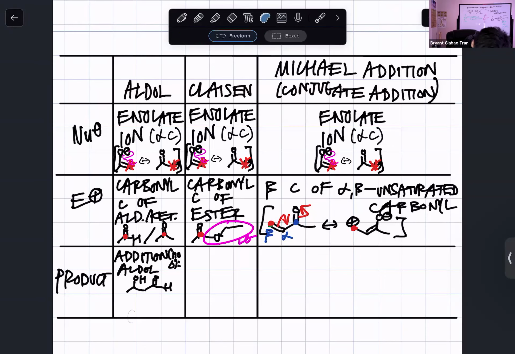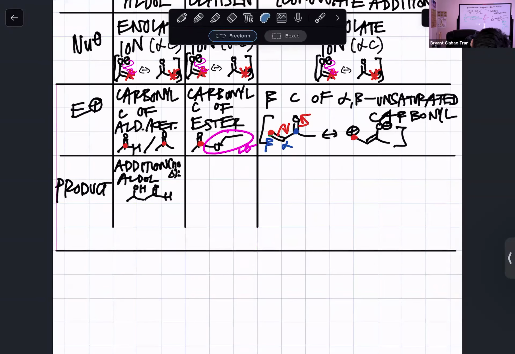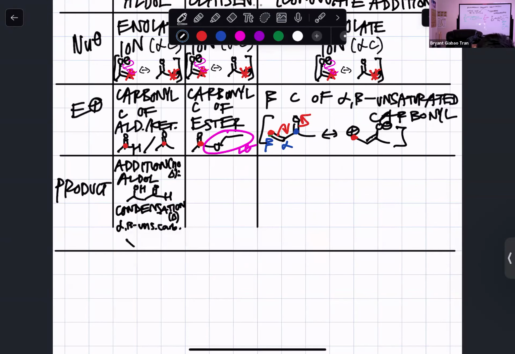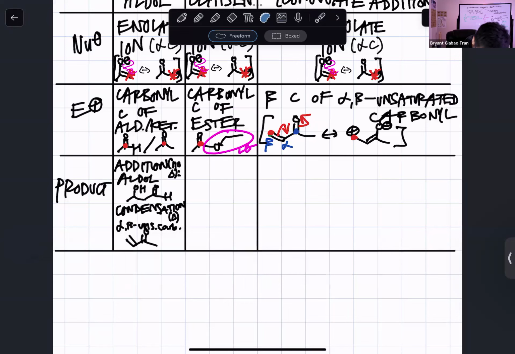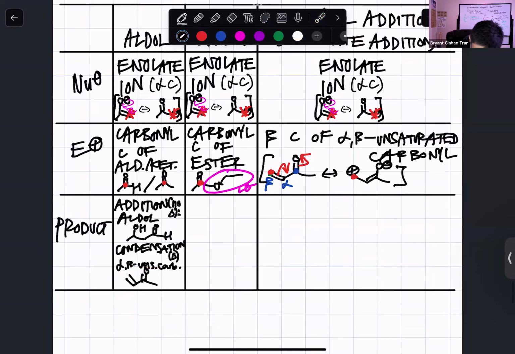If we do condensation with heat, we're going to get the alpha beta unsaturated carbonyl, which looks like this. And in this class, just assume heat and go all the way to the aldol condensation product to get this alpha beta unsaturated carbonyl. For Claisen, it's going to be a 1,3 dicarbonyl.